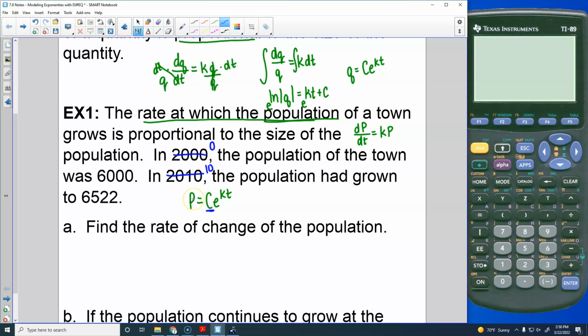You could plug in the 0 and the 6,000 if you want, but you're just going to get that C equals 6,000 because that's your initial value. For just straight exponential growth, that's going to be the case every time. If it's Newton's law of cooling, or something else where you have to solve the differential equation, don't make that assumption. But it is okay to make it here.